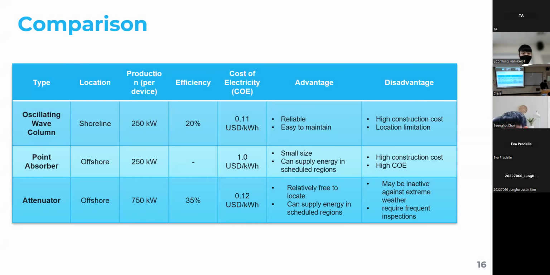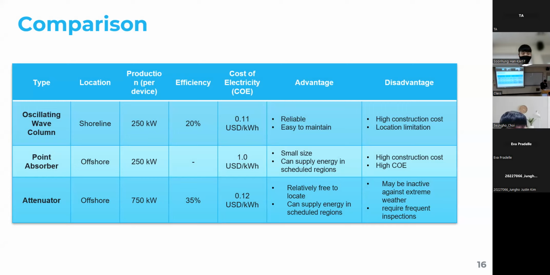And this slide is for the summary of the wave energy converters. Calculating that for oscillating water column, shoreline, 200 kilowatts and 50% efficiency at 1.11 COE. It is reliable and easy to maintain, but has high construction cost and limitation of location.